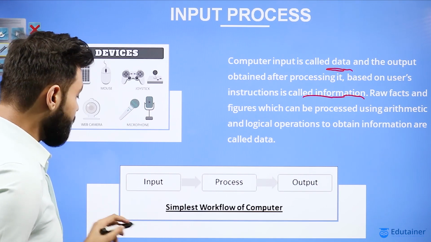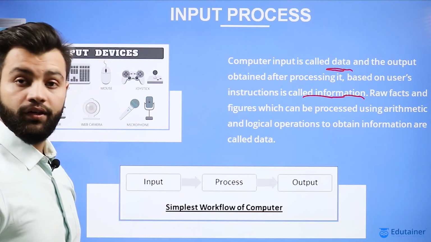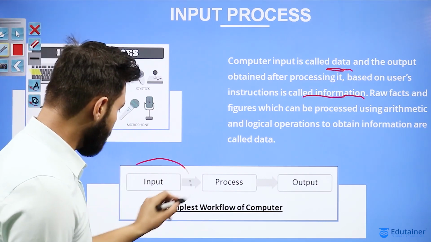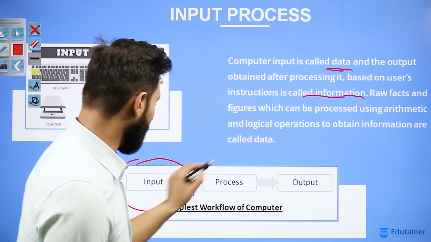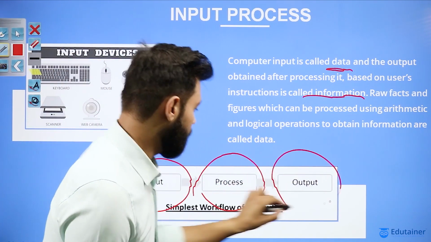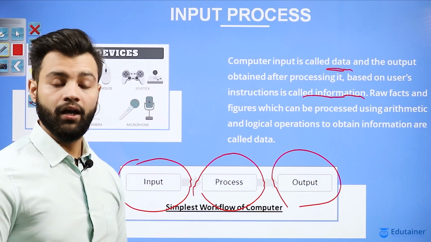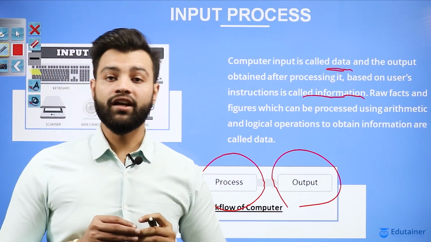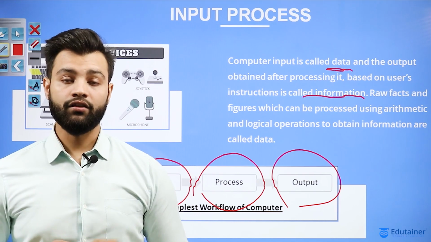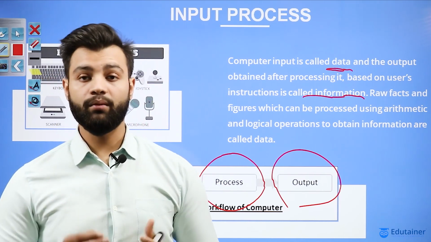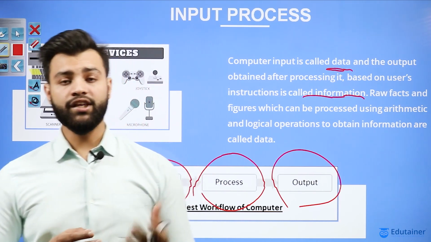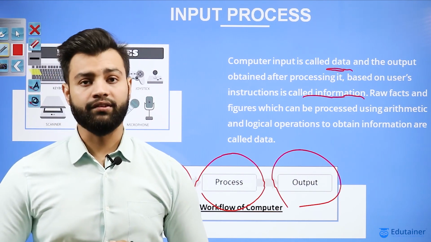So you can see the simplest workflow of a computer over here. First you give an input, it gets processed, and then you get the output, as I told you previously. Input devices or the input process is just inputting something to the computer using a keyboard or any other devices.